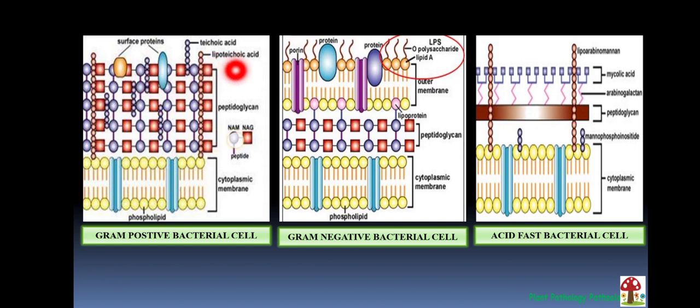We have studied that peptidoglycan is the basic unit of the cell wall, also called murein in the case of bacteria. So it consists of multiple layers of murein. It has a particular compound running perpendicular to the peptidoglycan layer, known as teichoic acid, and if that teichoic acid is anchored to the cell membrane, we call it lipoteichoic acid.